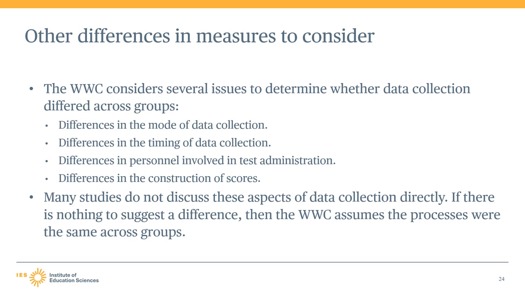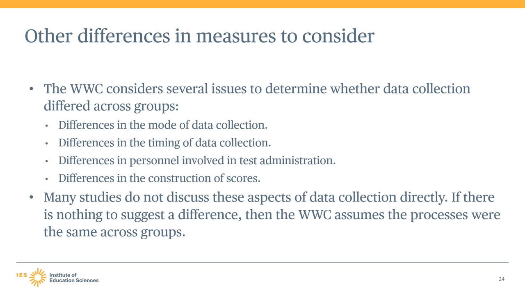If the study measured outcomes at different points in time for the 2 conditions, the additional time in one condition might influence the results. For instance, if outcome data are collected at the end of the fall semester for the comparison group and at the end of the spring semester for the intervention group, any learning or development that takes place during the spring semester could be part of the observed impact of the intervention.